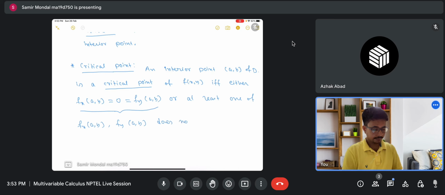Either the function f has to satisfy this condition, that the partial derivative with respect to x at (a, b) equals 0 and the partial derivative with respect to y at (a, b) is 0, or at least one of them does not exist. At that time we will say that the point (a, b) is a critical point of f(x, y). This is the basic definition.